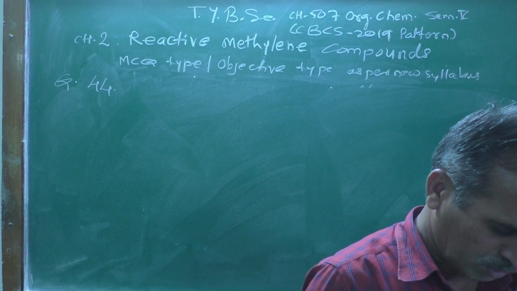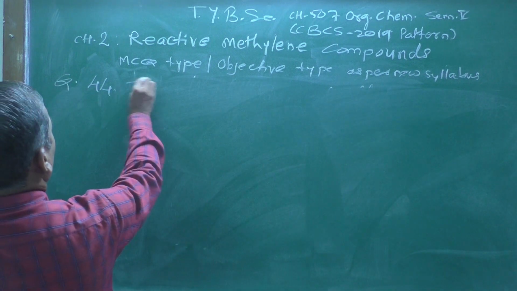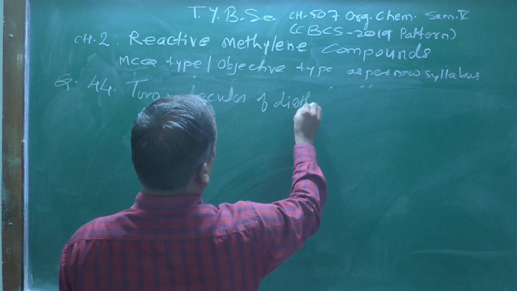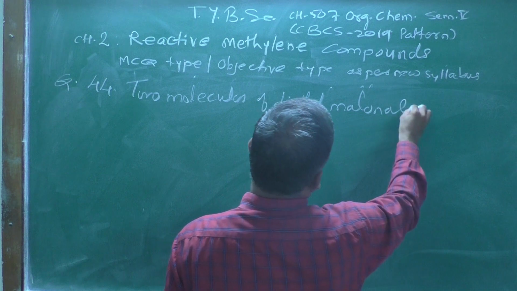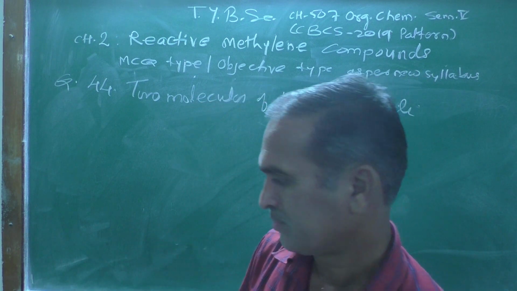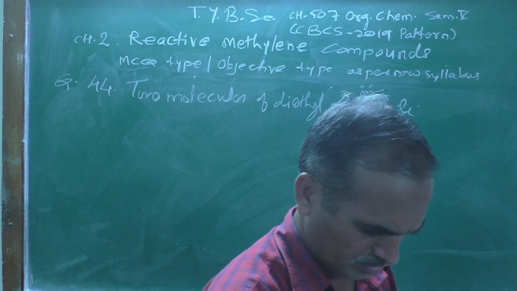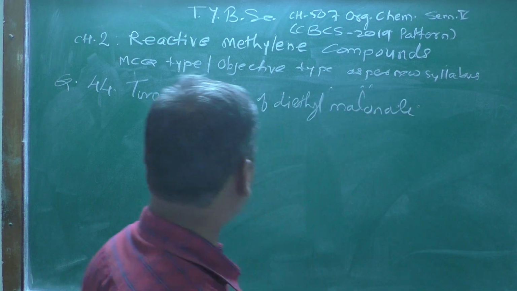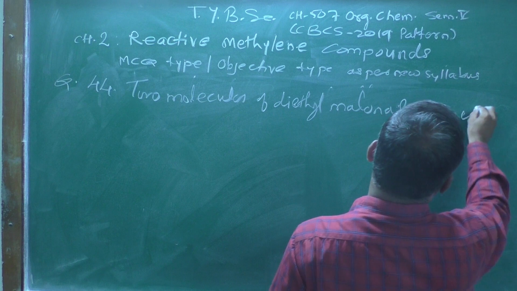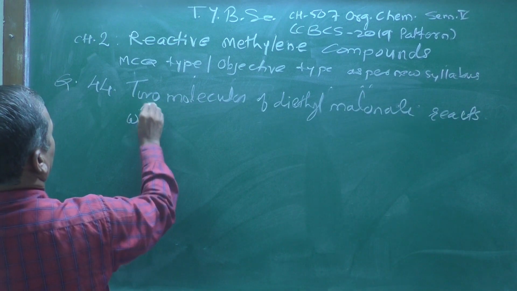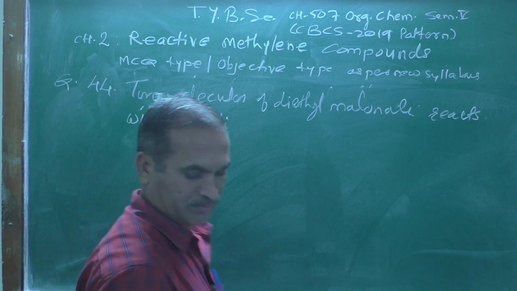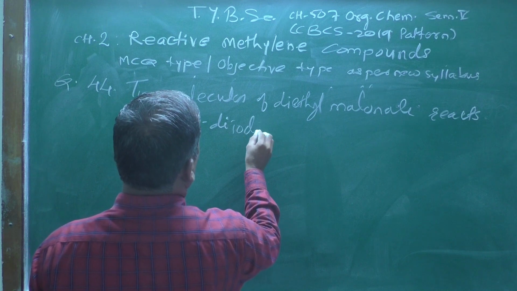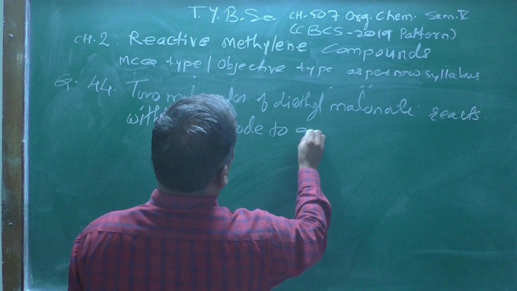Two molecules of diethyl malonate react with 1,2 diiodoethane to give dash.